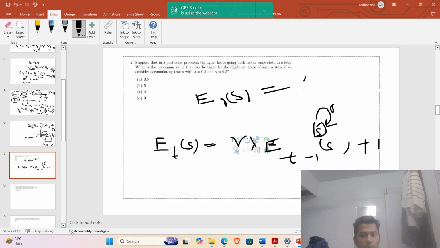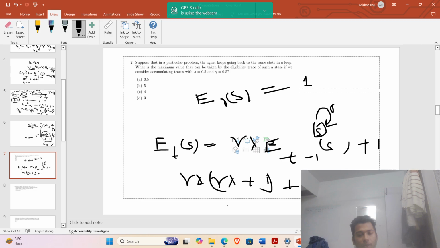So this becomes 1. E1 is gamma lambda plus 1. Next, you have to multiply this by gamma lambda and add 1, and like that it goes on.